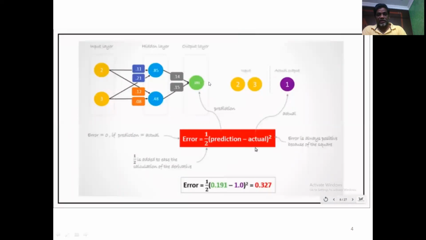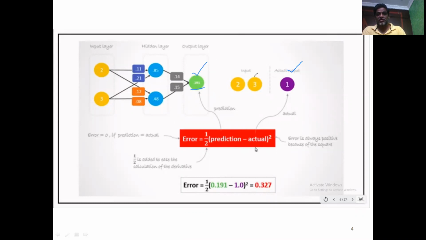Then we calculate the output of this output neuron, which is 0.191. Imagine that the actual output is 1. You can see that 0.191 is very far from the actual output of 1.